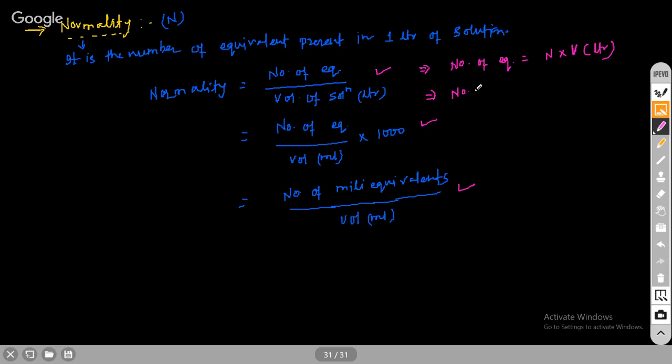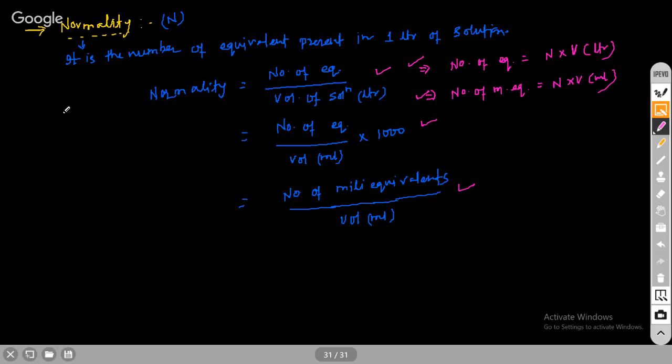So the number of milli equivalents is equal to normality into volume, and this volume must be in milliliter. We use these two formulas further in ionic equilibrium also.